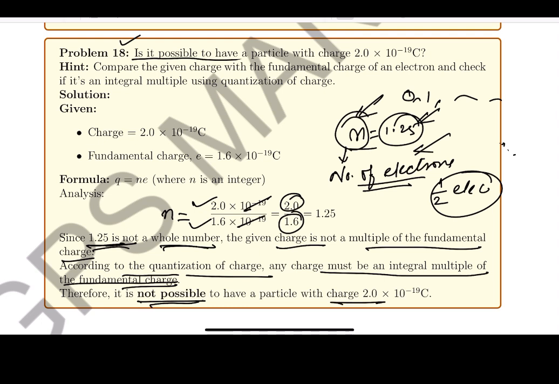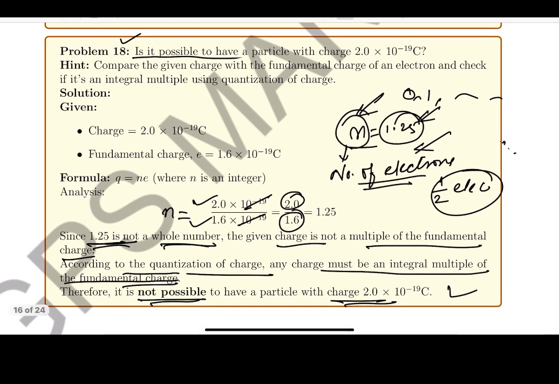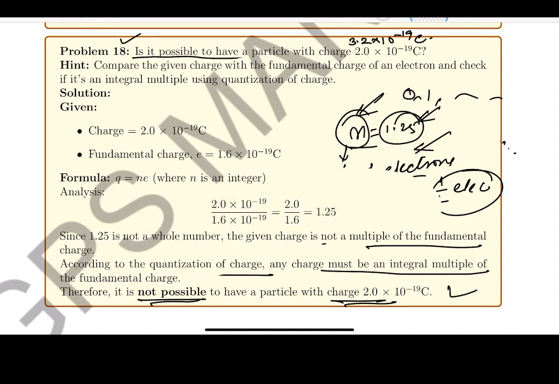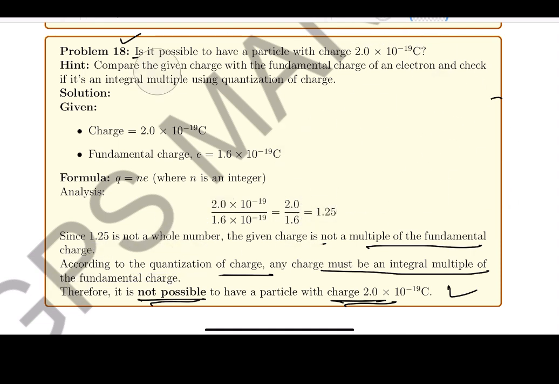If instead it were 3.2 into 10 to the power minus 19 coulomb, I would get 2 as the answer, which is a whole number, so then it would be possible. Are you getting my point? A decimal number is not possible, therefore it is not possible.